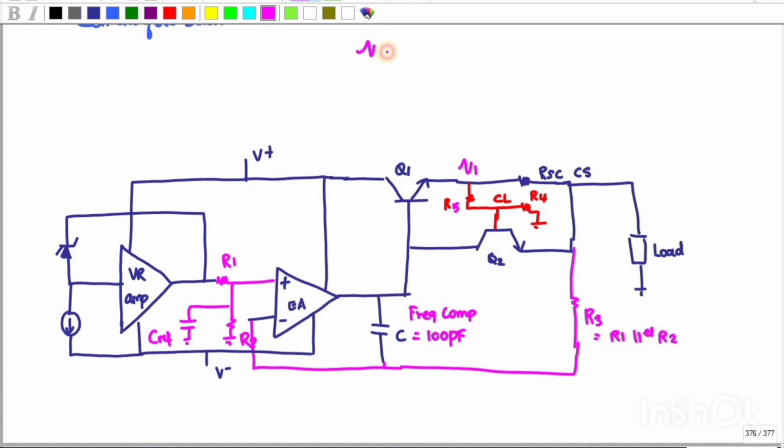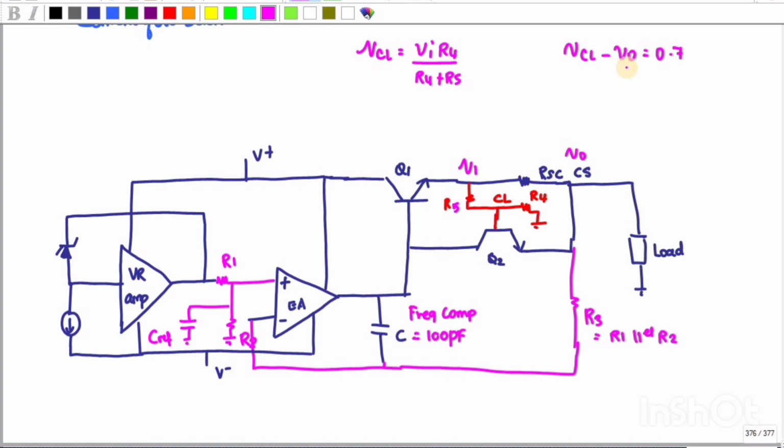The voltage at VCL is nothing but V1 into R4 divided by R4 plus R5, right? If I want to turn Q2 on, VCL minus V0 must be equal to 0.7, right?